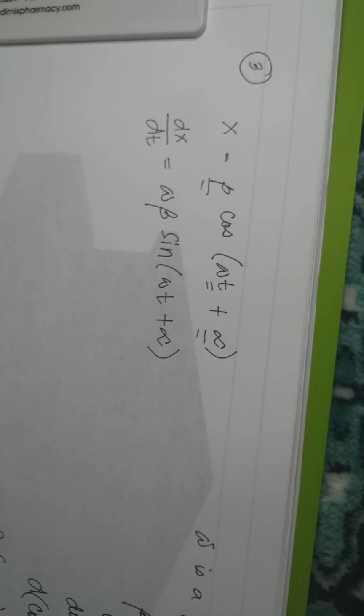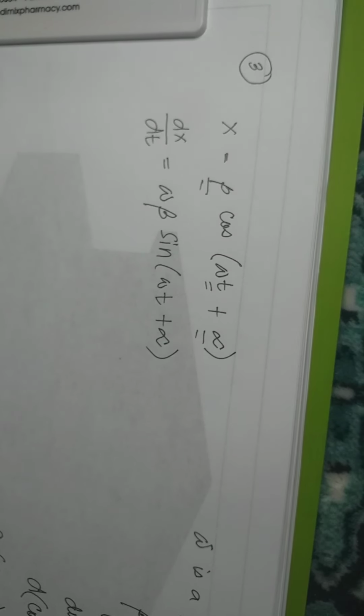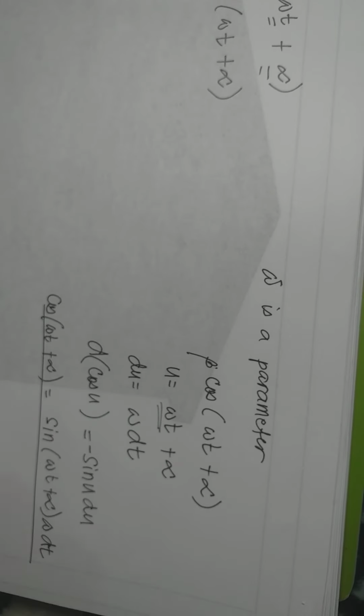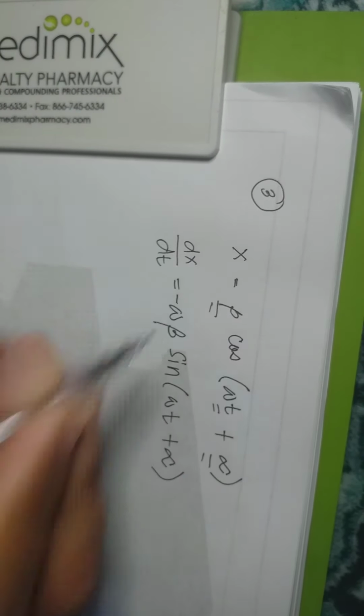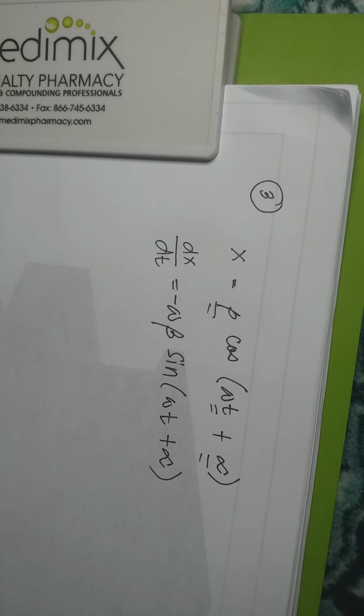The sign must be negative. So the derivative of cosine u is negative sine u. Okay? Negative sine u. So this must be negative. That will be the first derivative.